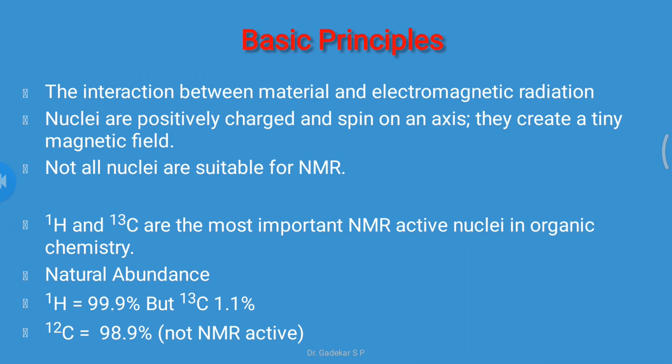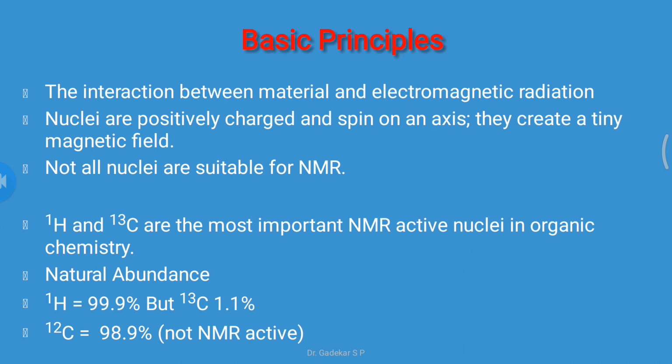Therefore, depending on the number of nucleons present in the nucleus, such as protons or neutrons, the nucleus also possesses a spin quantum number, denoted by I. If I is equal to 0, the nucleus is magnetically inactive. If the spin quantum number I is greater than 0, it is magnetically active.